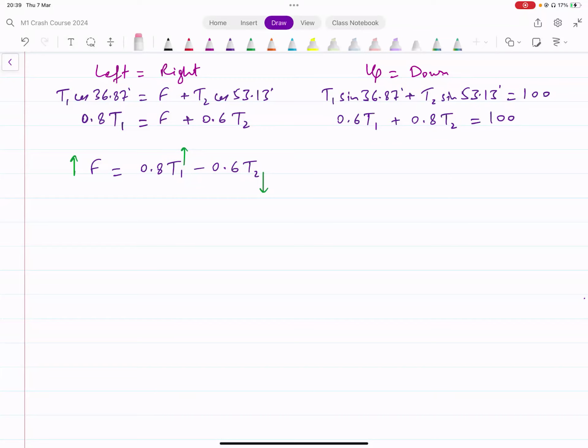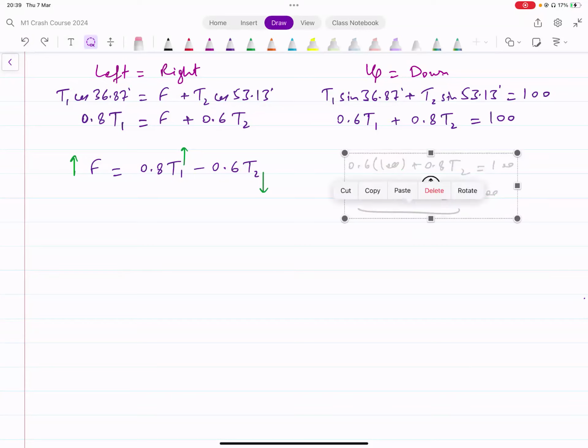So if, for instance, you were to put T1 equal to 1000, then this equation cannot hold true, because you would have 600 plus 0.8 T2 equals 100. This will not hold true because you already have 600 here. It's bigger than 100. So how big can we make T1? It's not easy to figure out how big T1 can be.